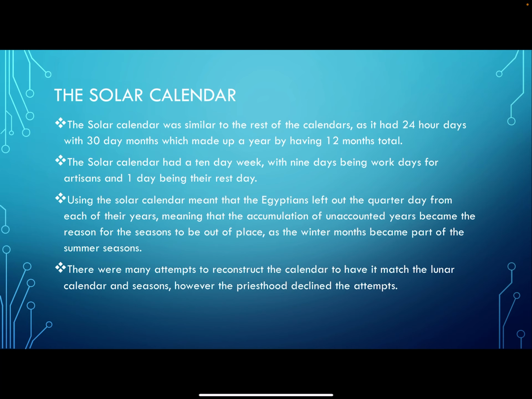It made for the seasons to be kind of backwards in regards to having winter months in the summer season. So if it was summer, because of the unaccounted missing days, later through the years, summer would be their winter months.